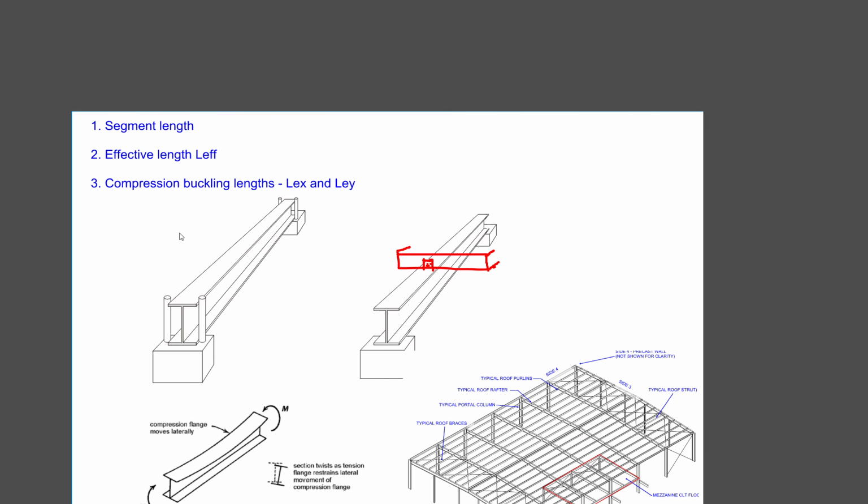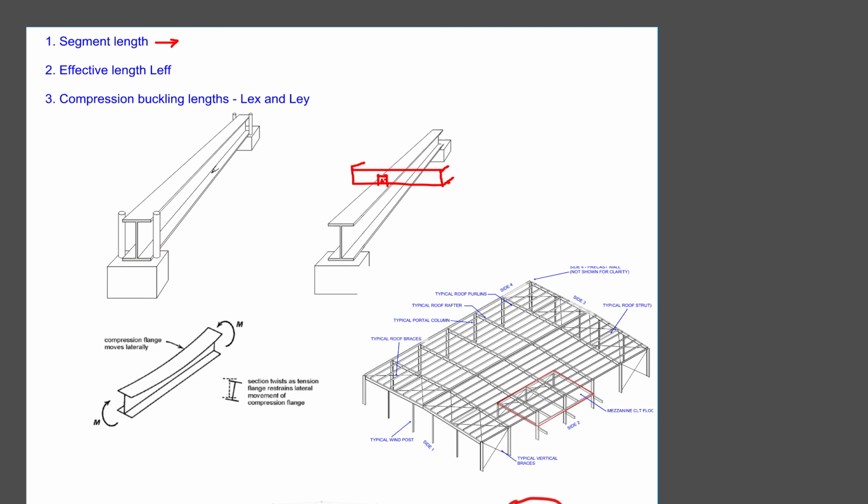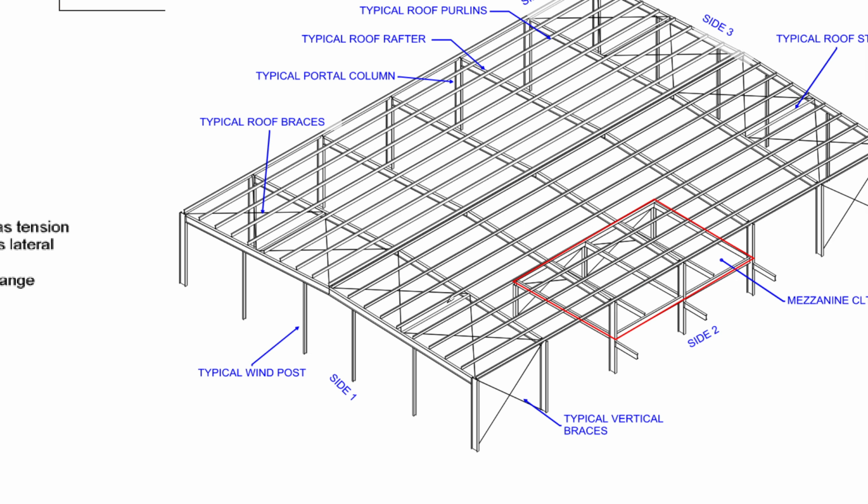All right, so understanding the twist restraint and the twisting force, the next thing when it comes to designing the member is to understand what the segment length and effective length are. First, the segment length is where you have those lateral restraints, because the rafter is going to bend, right? For example, this rafter over here. The segment length is determined where the end regions have a full restraint.